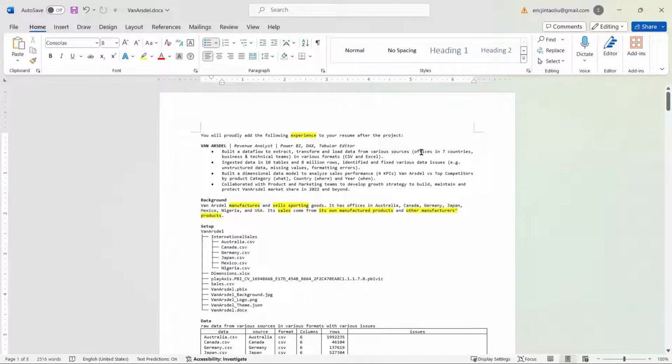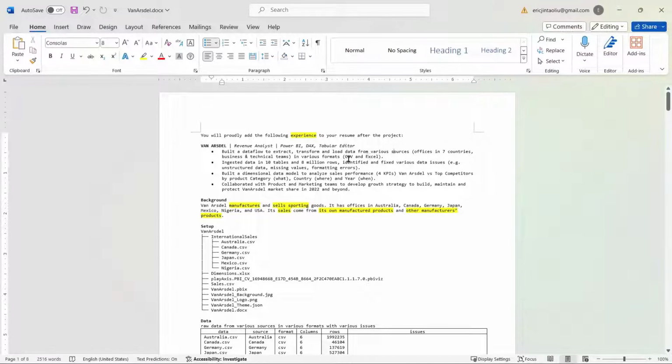Different data sources, including the representative offices in 7 countries, including USA. And also you receive the data dictionary probably from the technical team, and you receive some of the reference data from the business team. So different sources of data in various formats.